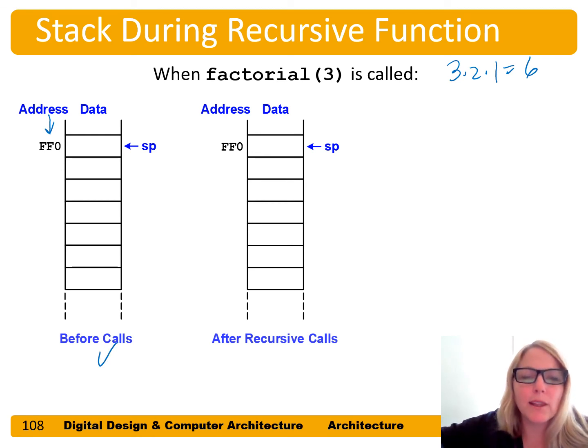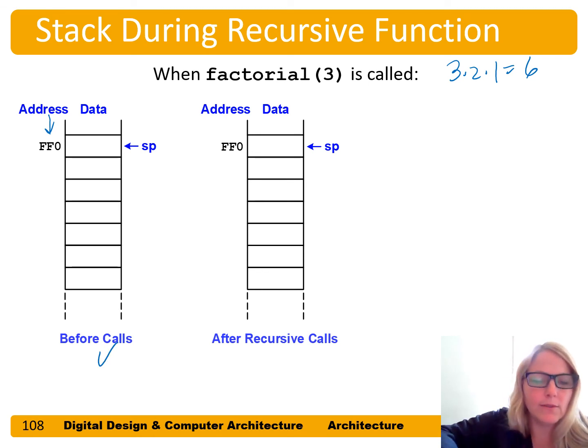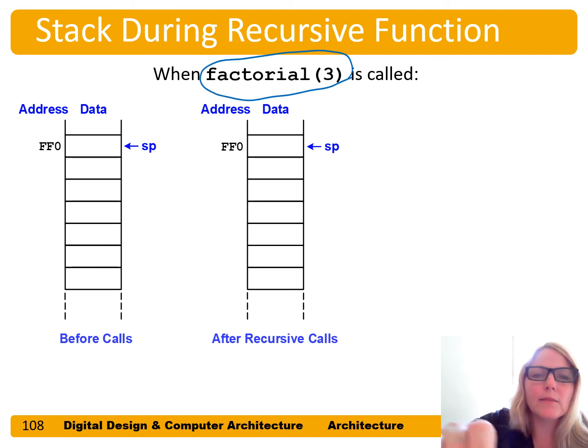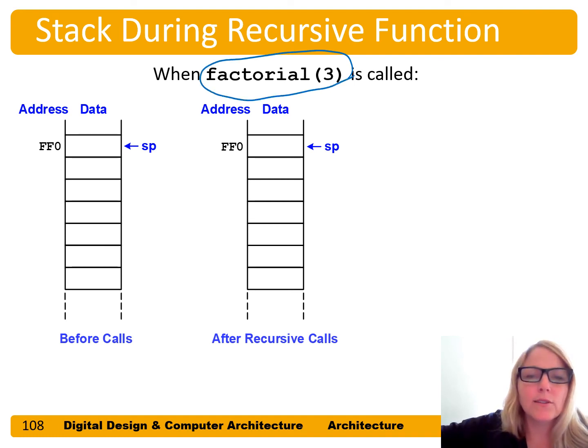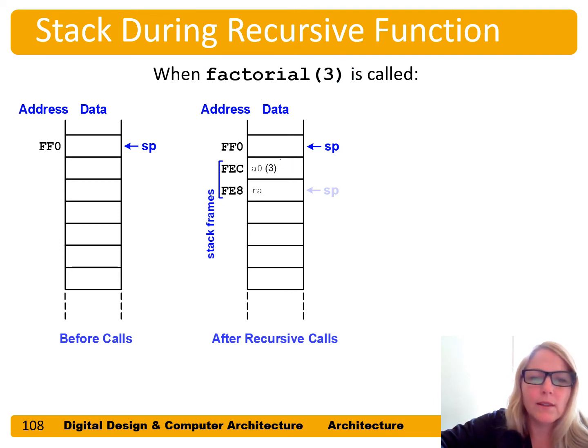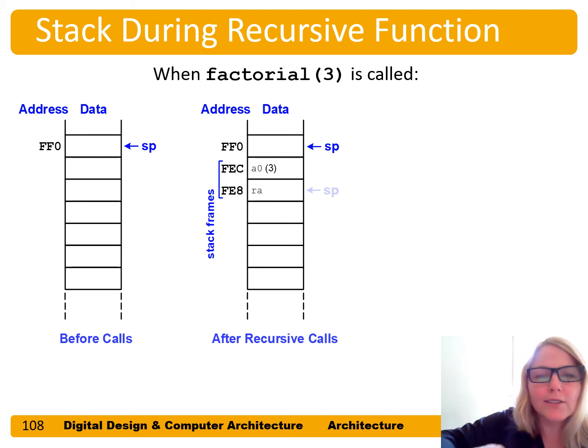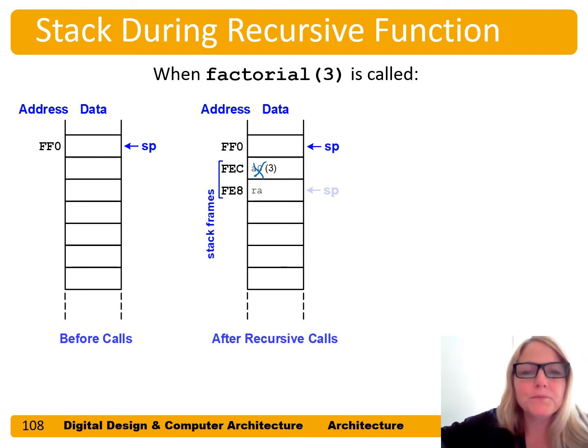The first time factorial of 3 is called, we store those values: A0, which is n, and RA. We're not sure where it's called from, wherever it was called from, that PC plus 4, so we don't put a value there. This is the value, and this is the register. The only thing we're actually storing is the value. I wanted to show you where it came from.